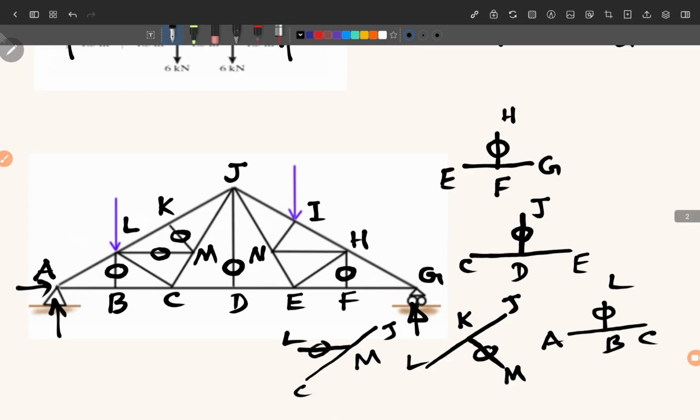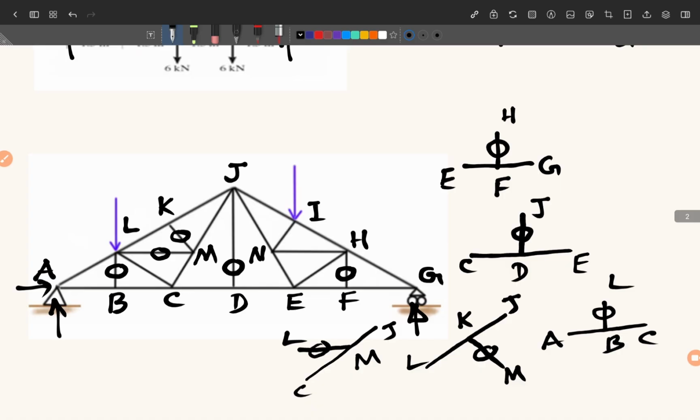So we got this force also equal to 0. Now, is there any other possibility? At L there are 1, 2, 3 members, but there is one external force. So we cannot say anything about the members here.